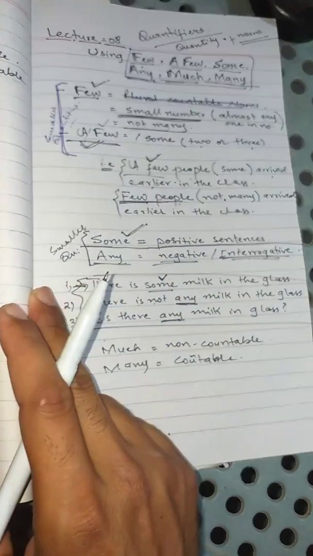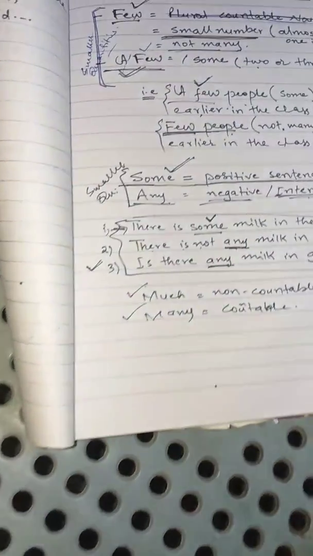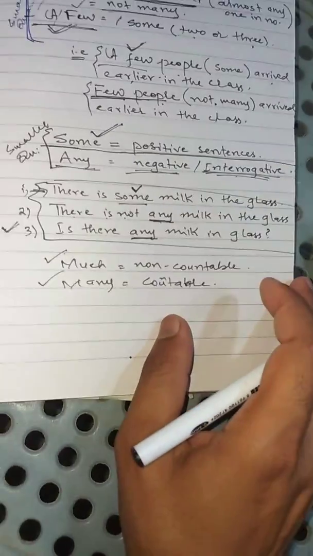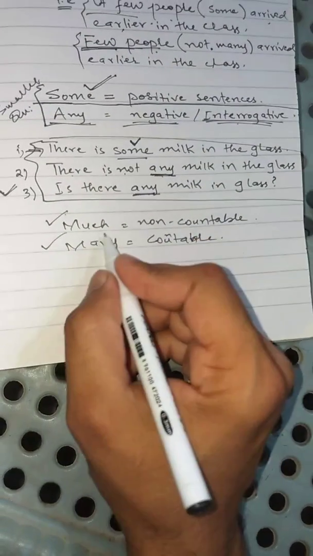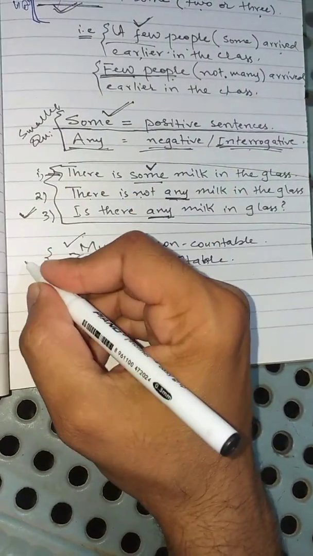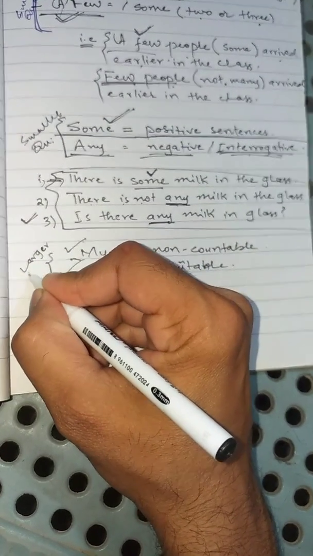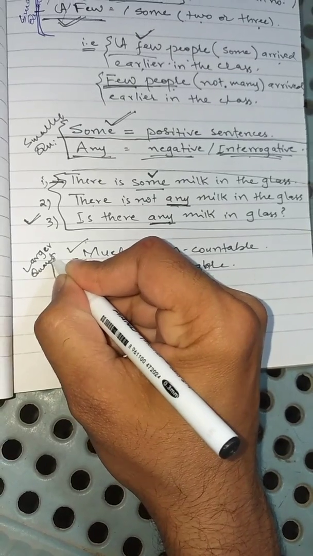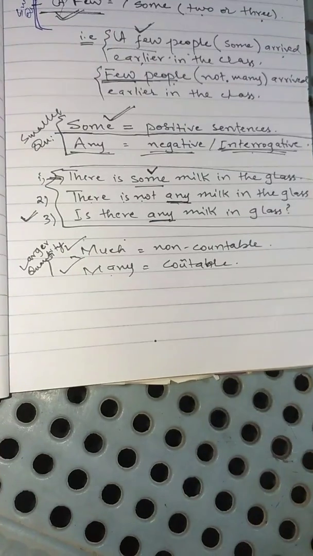The last two quantifiers of the day are much and many. Much and many, they both are used for larger quantities. If you are mentioning a larger quantity of anything, then you are going to use these two quantifiers, much and many.